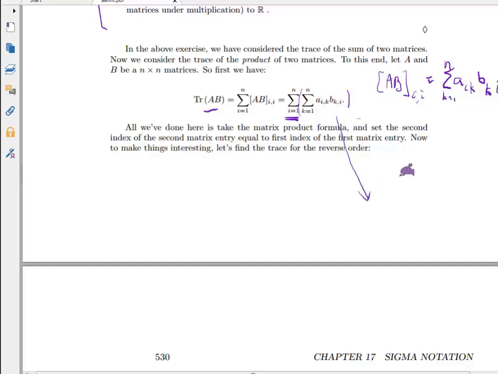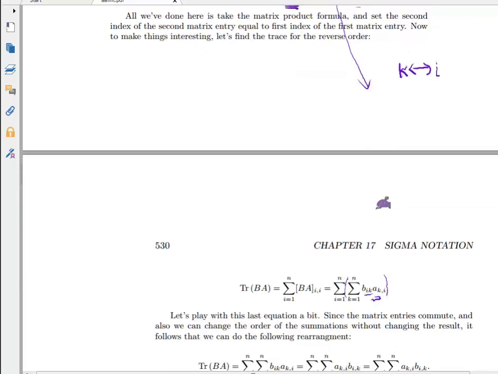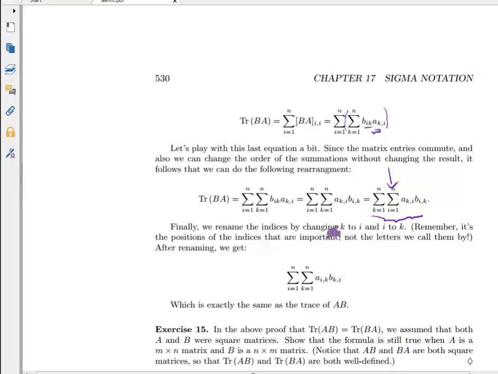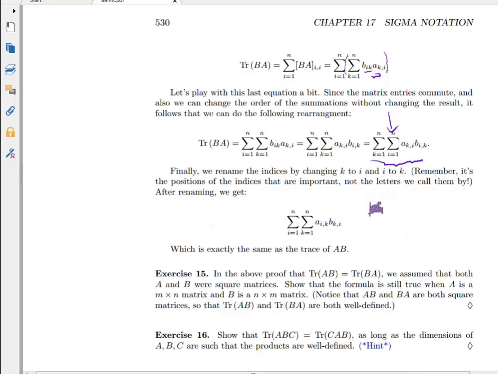If I exchange k's and i's, which won't change anything because those are just indices, I will end up with this term here. So what's the point? We've shown that the trace of AB is equal to the trace of BA.